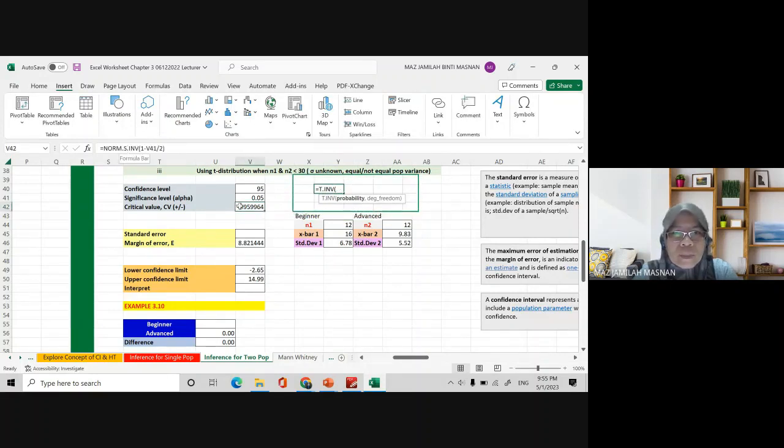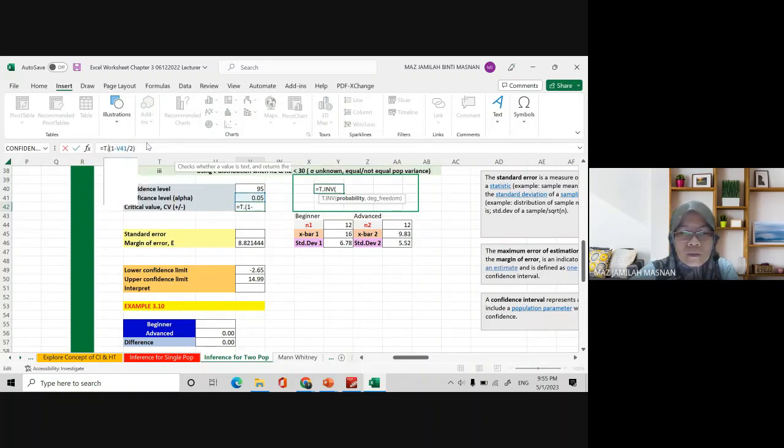It should be T dot INV, and it should be the probability. That will be your alpha. And degree of freedom. So your degree of freedom, in this case, let's say I just put N first, put 3. I don't know.